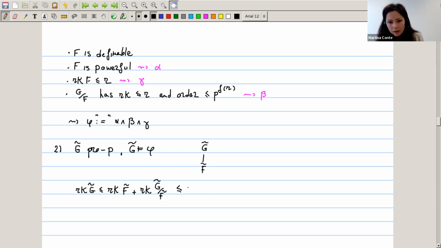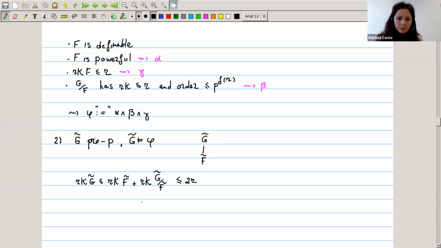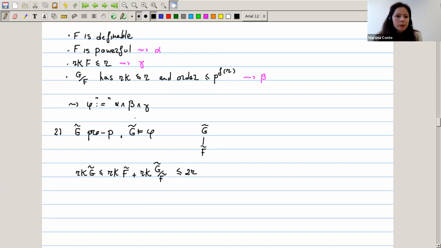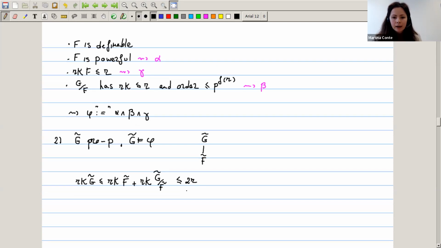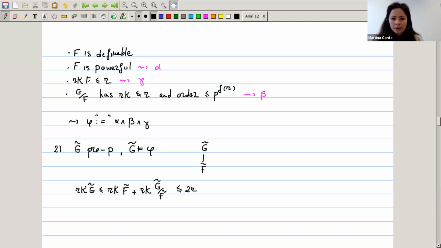And this is bounded by 2R because each of these is bounded by R. So now we actually want to have a sentence that tells us that the rank is exactly R, but here we have a bound already on this rank.